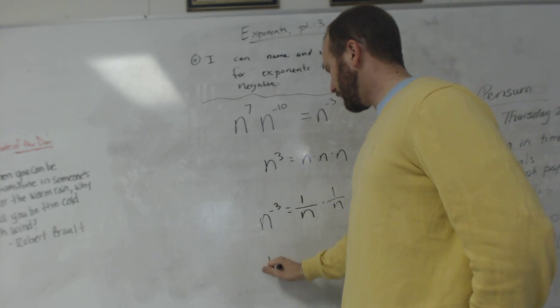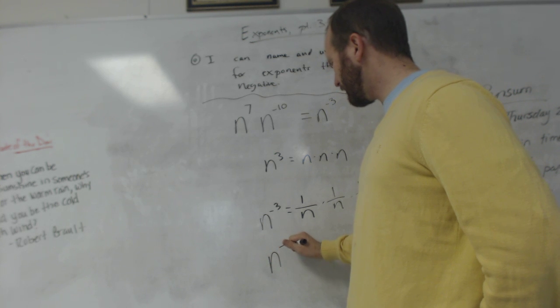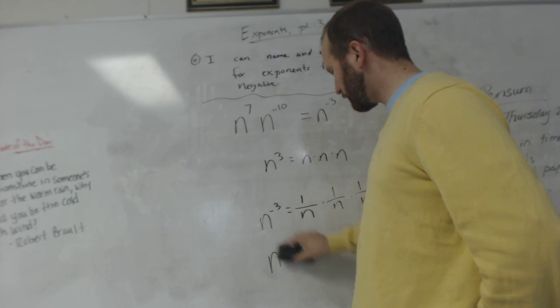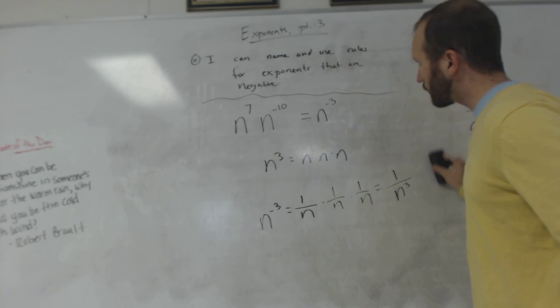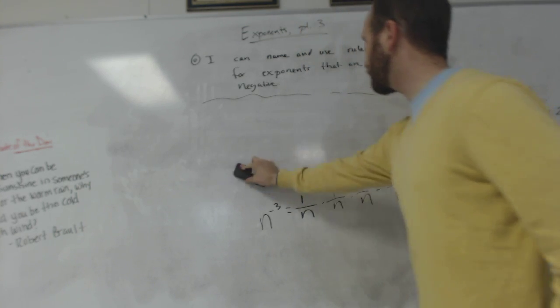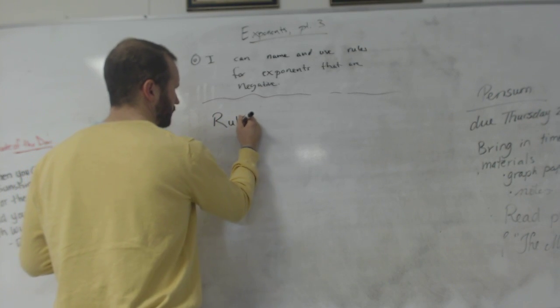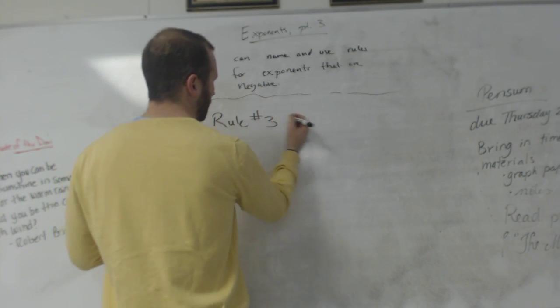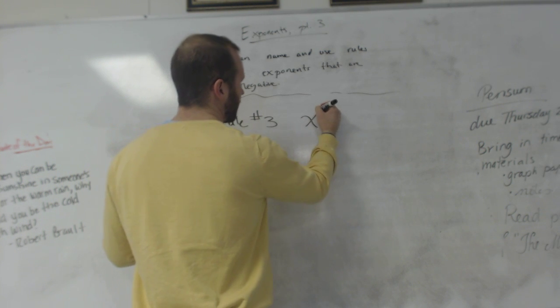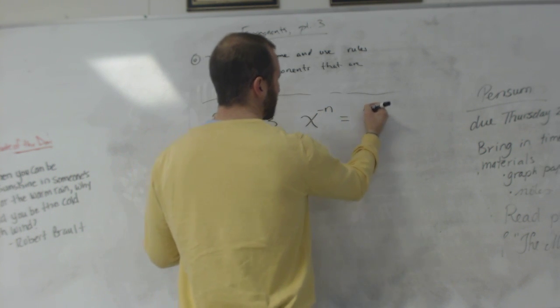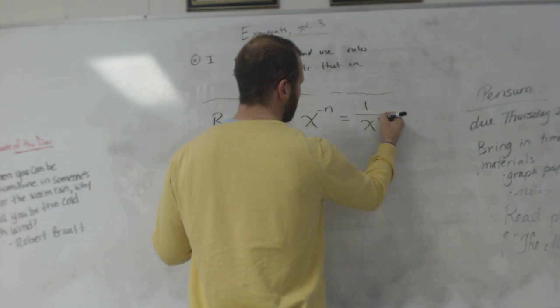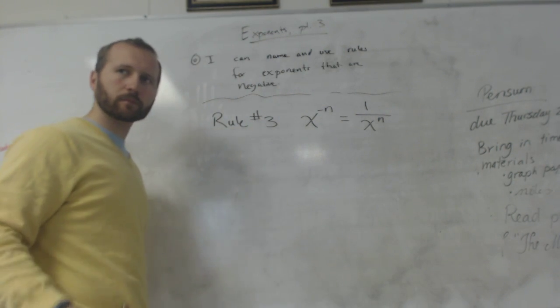Okay? Actually, we've been doing it the other way. Let me start again over here. This is, I think, our 3rd rule, I believe. Could be wrong. And the rule is this: x to the negative n equals 1 over x to the n.